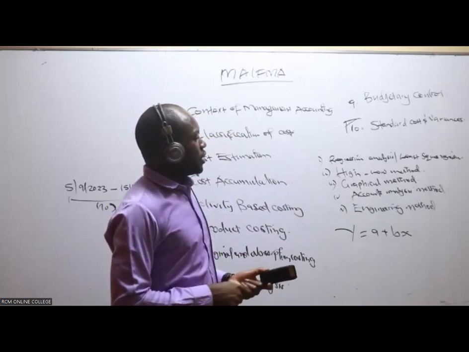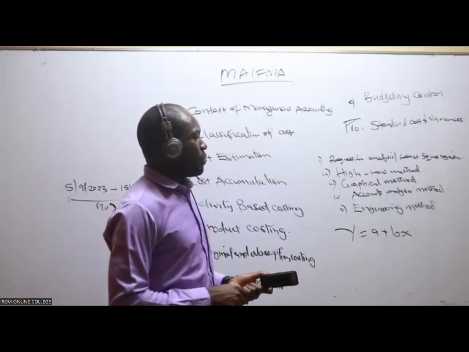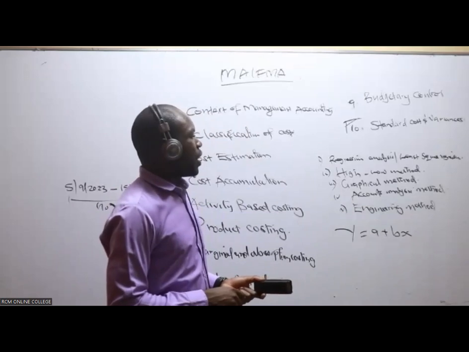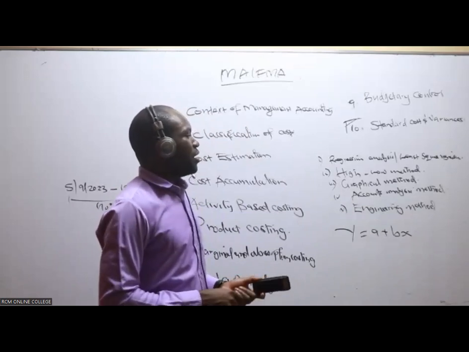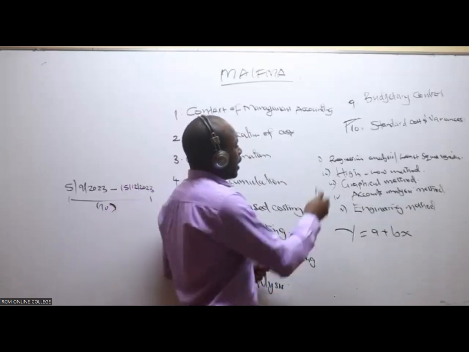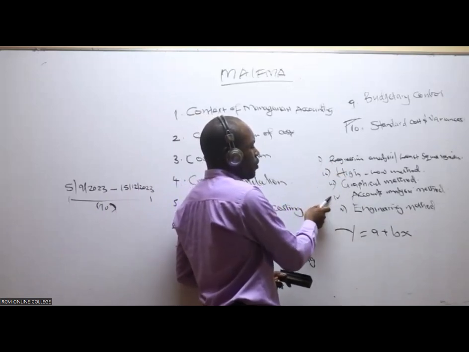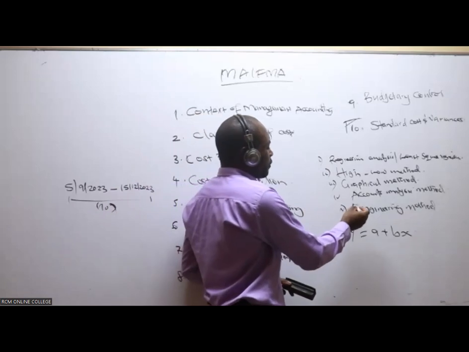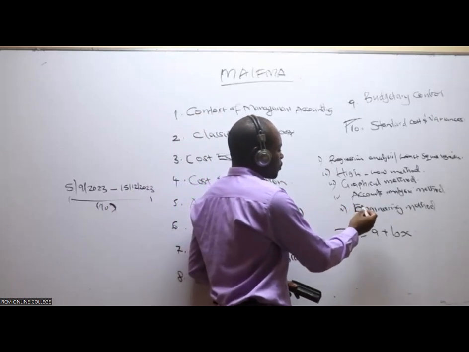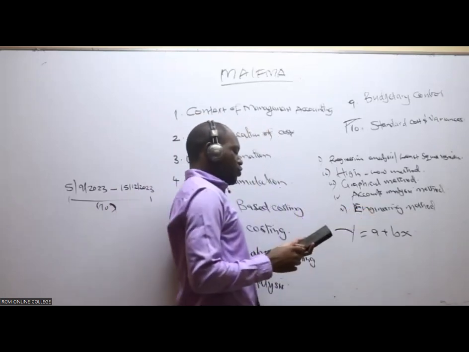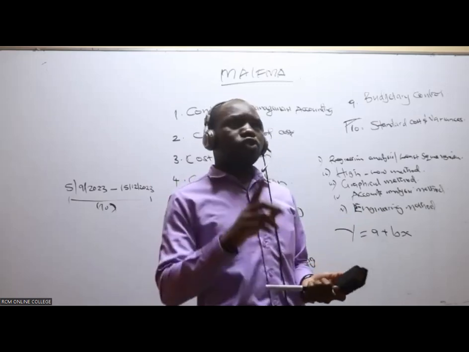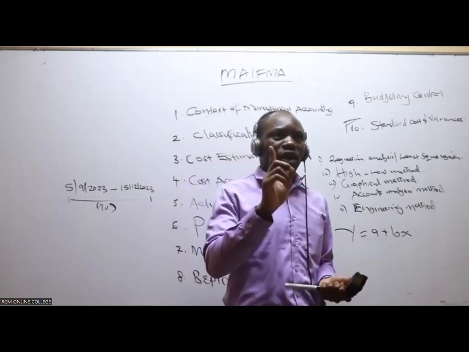Now, the regression analysis or least square method, you need to understand this one here, Roman 2, Roman 3, and Roman 4, you need to have this. Roman 5, you need engineering tools to be able to work it out.